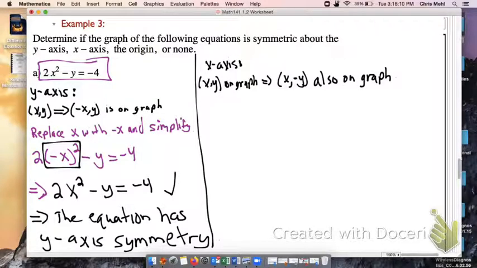So you again take the original expression, but this time replace y with minus y and simplify.